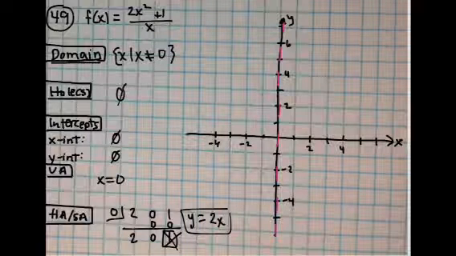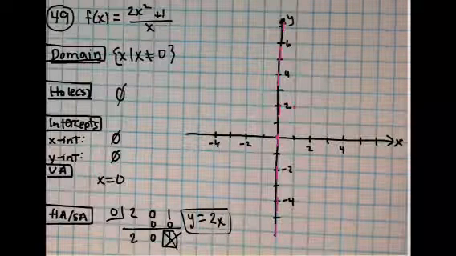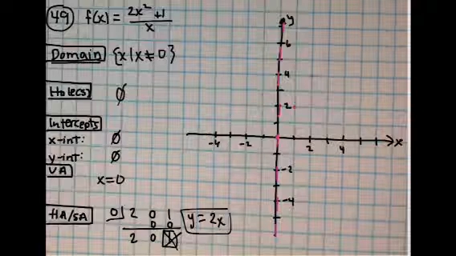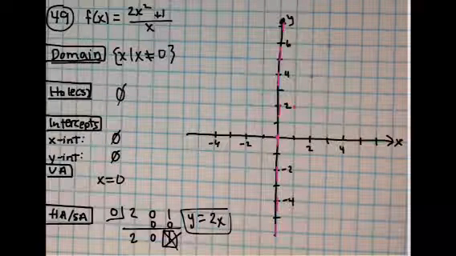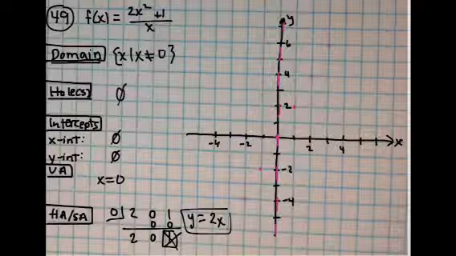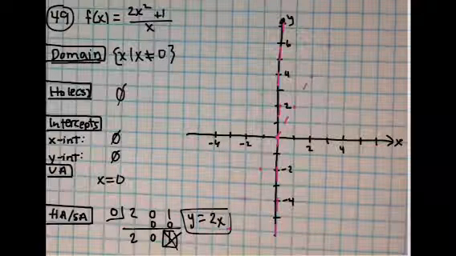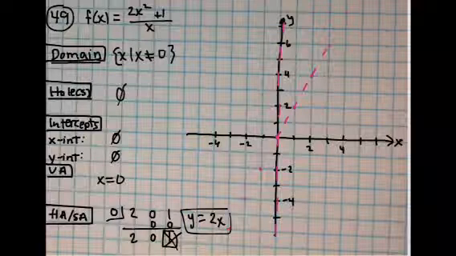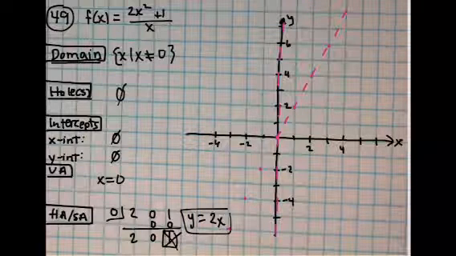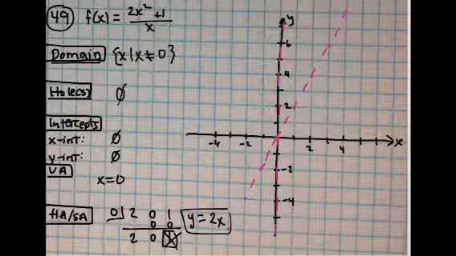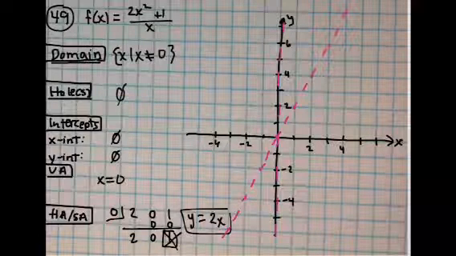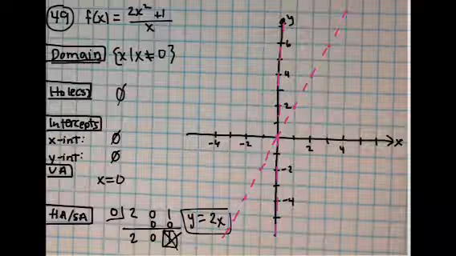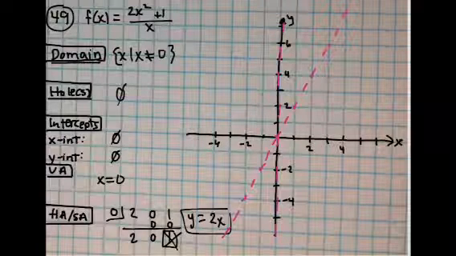It starts at 0, and I'm just going to draw dots to guide me, and then go down 2, left 1, down 2, left 1, down 2, left 1, like that. And it has no intercepts, and no holes.